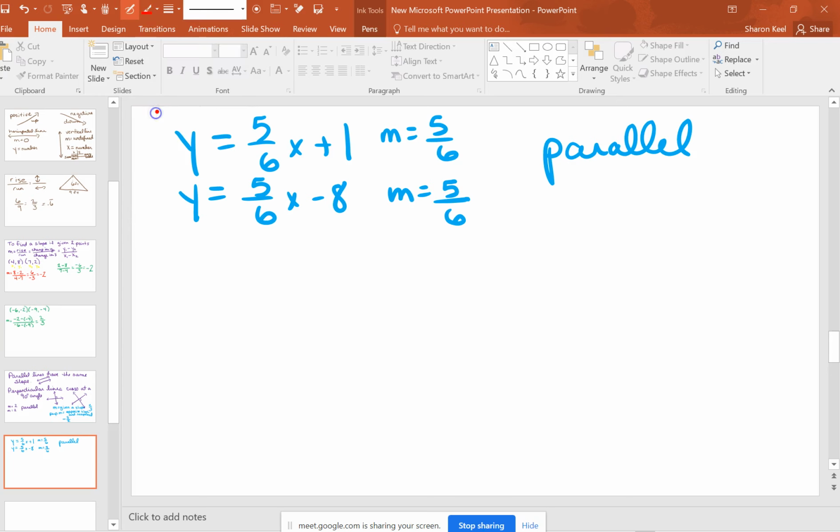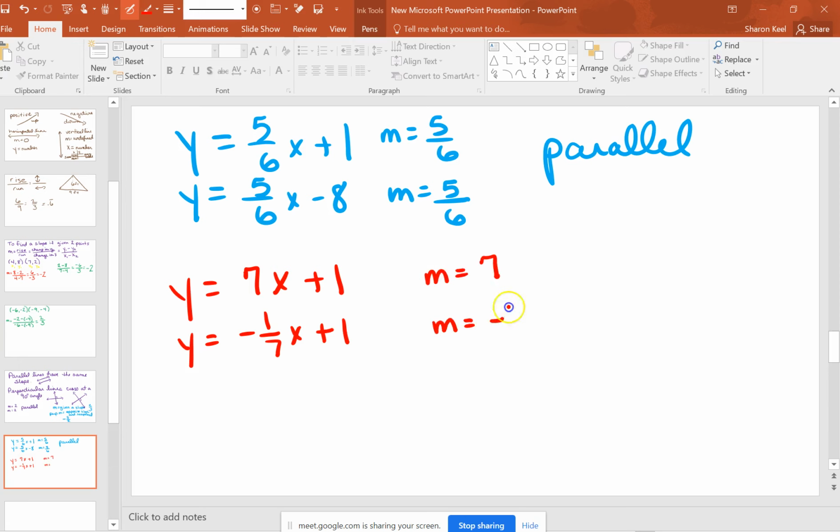If I give you y equals 7x plus 1, and I give you y equals -1/7 x plus 1, the slope is 7. The second slope is -1/7. Now 7 is technically over 1. Isn't one positive, one negative? Aren't they reciprocals of each other? Those will be considered perpendicular.